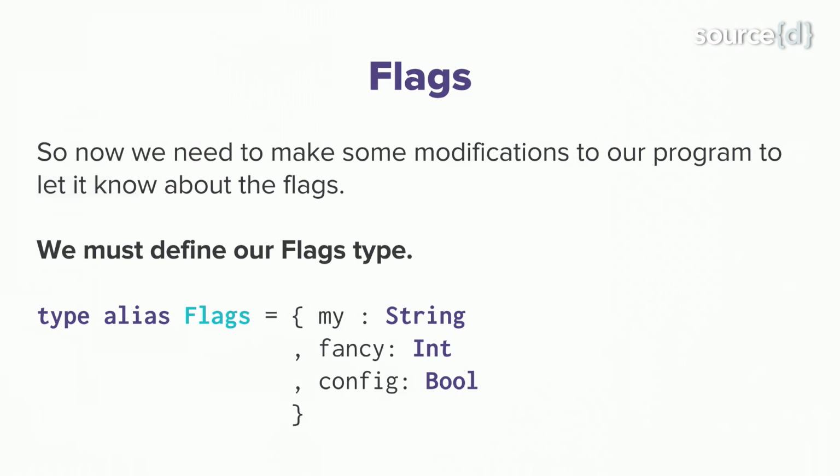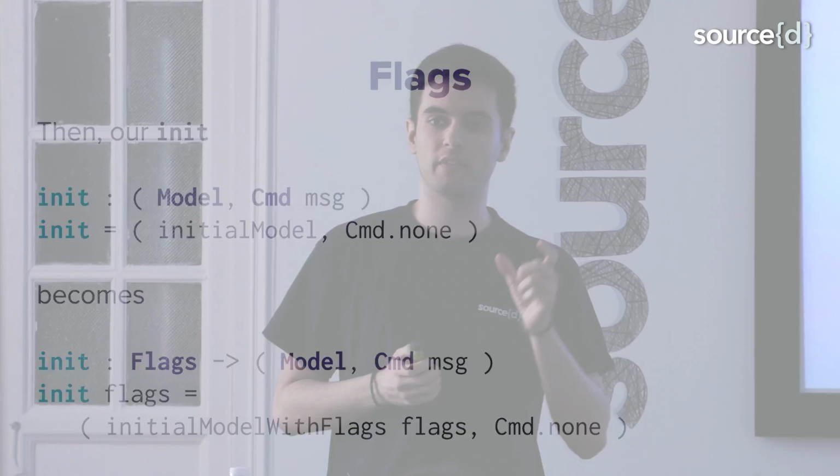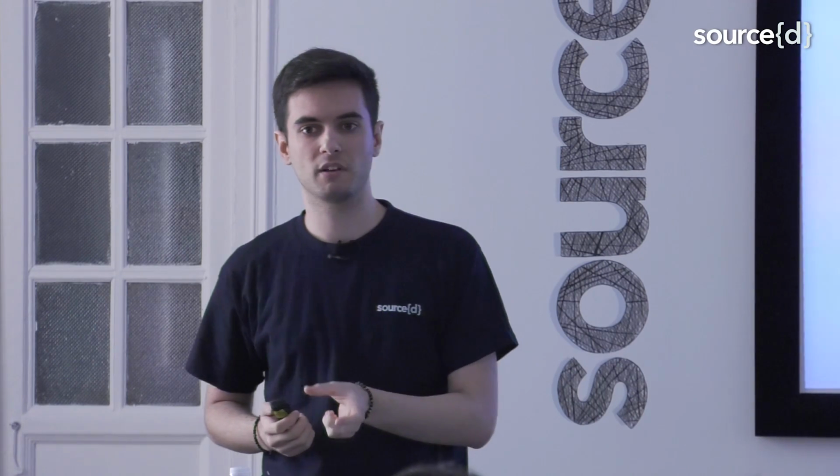But how do we implement the flags on the Elm side? We first must define our flags type, which is just a record of the types we want. And then we have to change our init. Init is a tuple with the initial model and the initial command that will be run when the app is started.